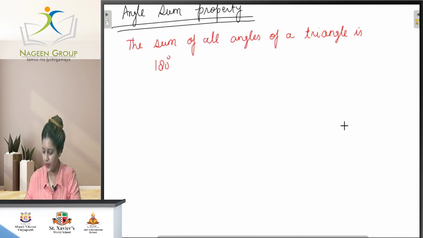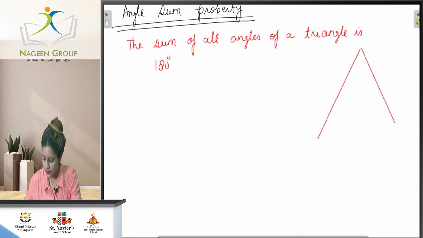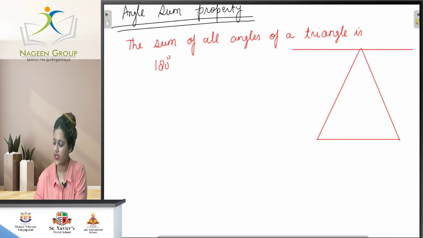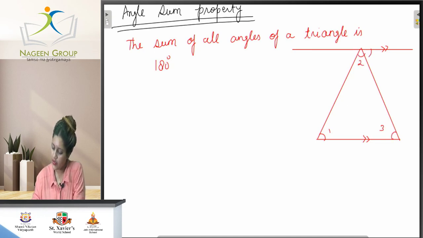First of all, we have to make a diagram of a triangle. For the proof, we have to draw a line that is parallel to this line. Here this is angle 1, this is 2, this is 3, this is 4 and this is 5.